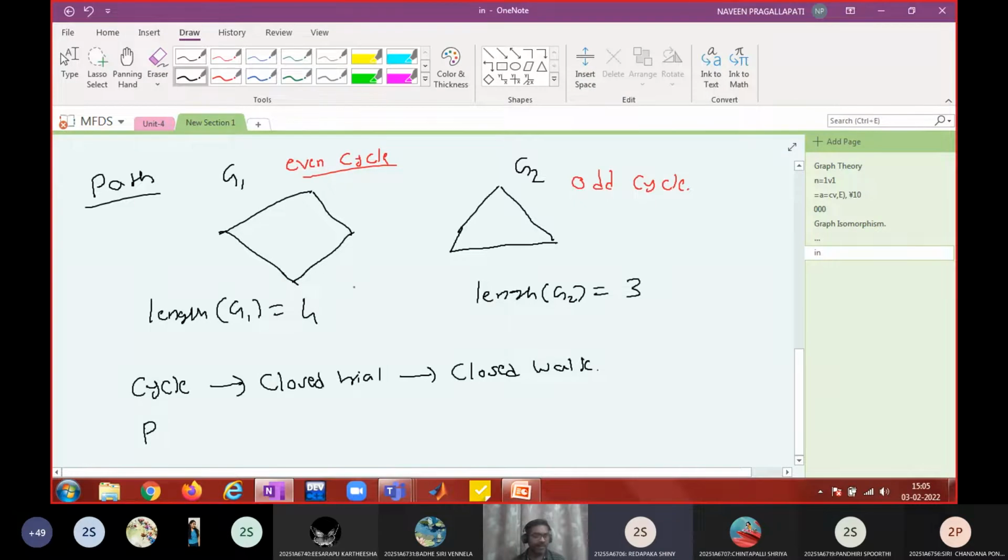I think it should be erased because a trail may contain repeated vertices. So a cycle is a special case of a closed walk only.